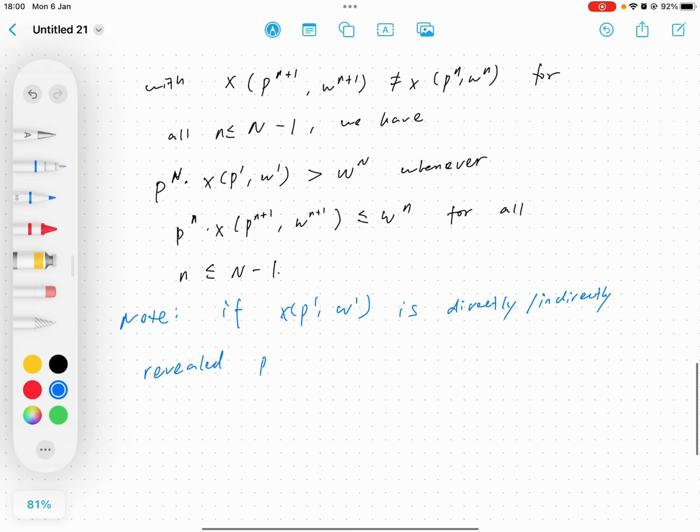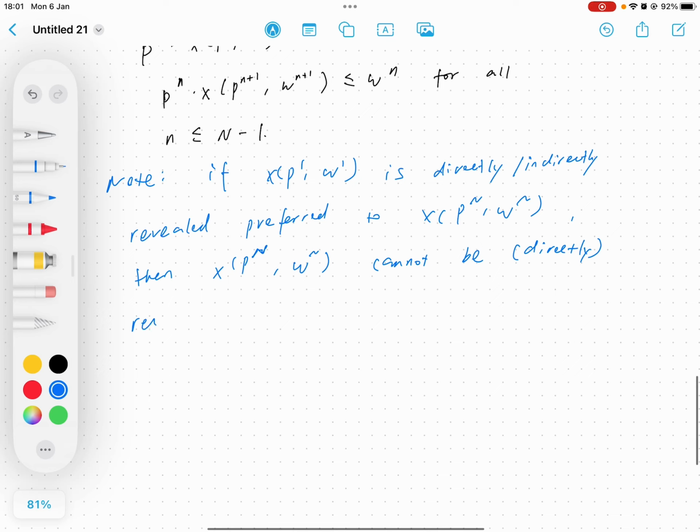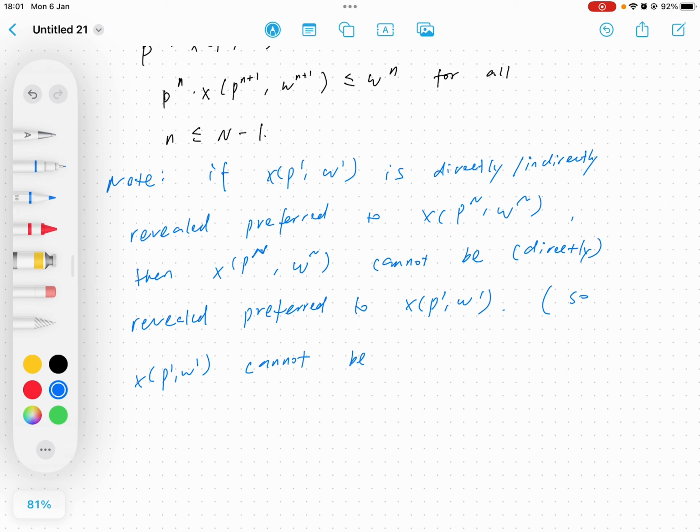So XP1 W1 cannot be affordable at the last price and budget.